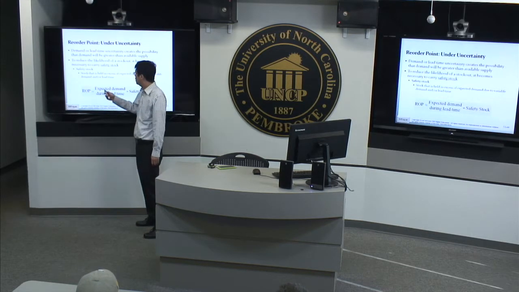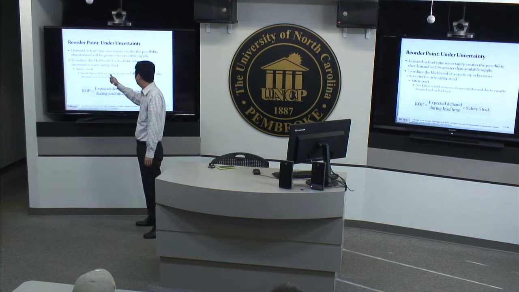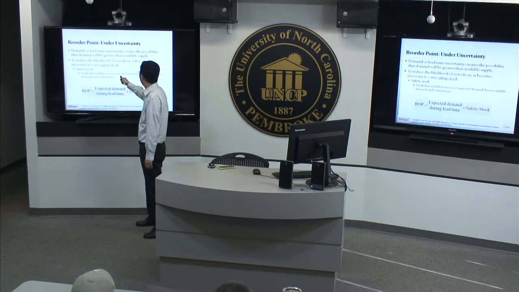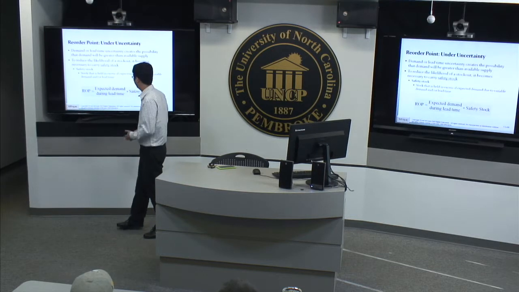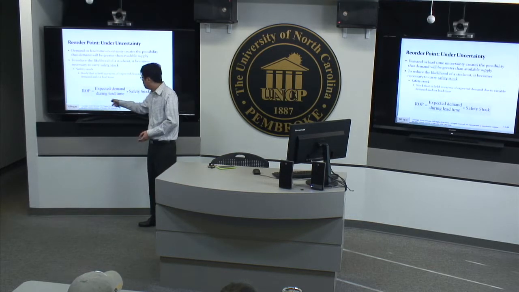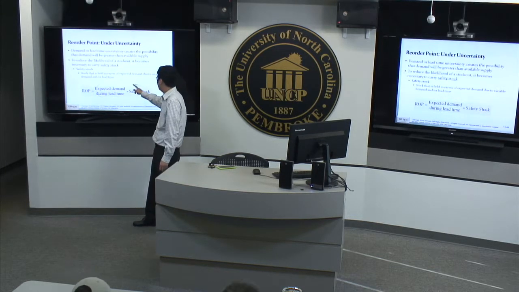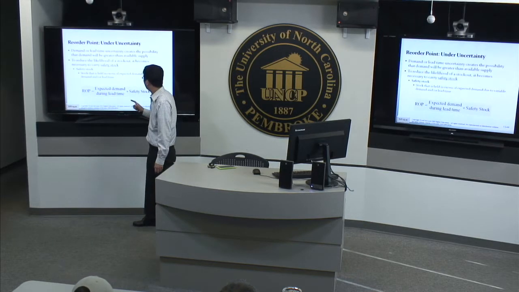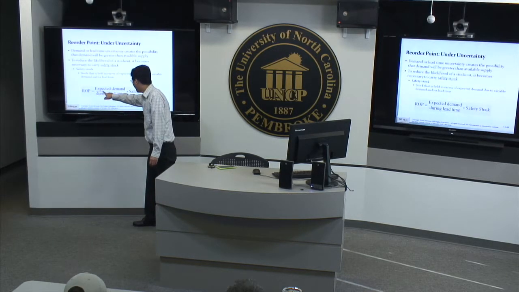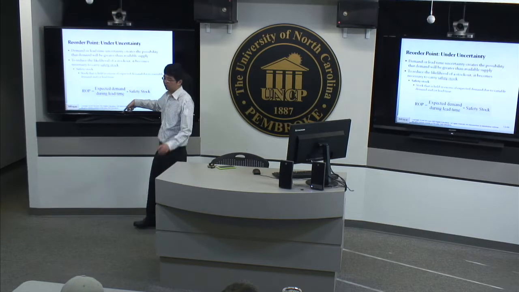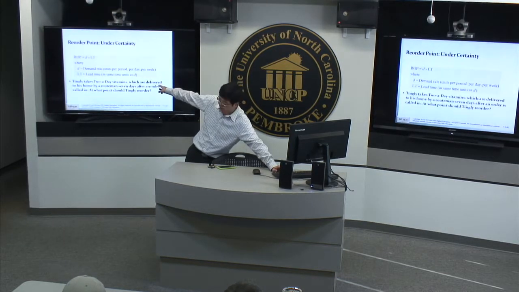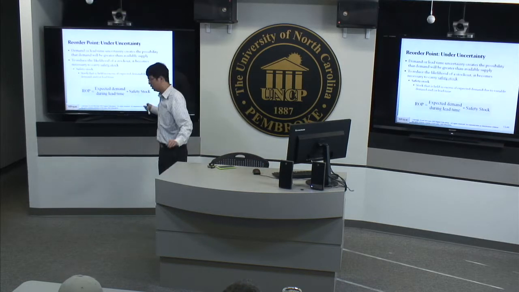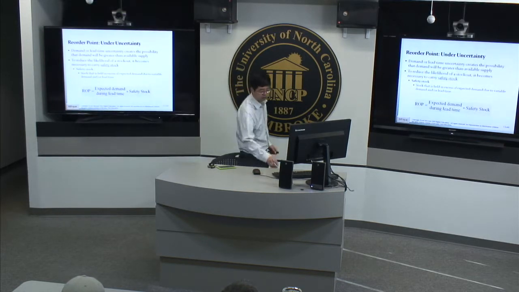So by definition, safety stock is a stock that is held in excess of expected demand due to variable demand or lead time. So the reorder point with consideration of safety stock under uncertainty is the expected demand during the lead time, the same thing as the last slide, the expected demand of lead time, 14, plus your safety stock because there's uncertainty.